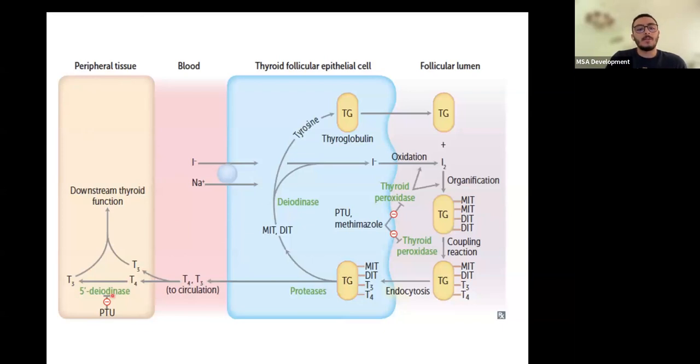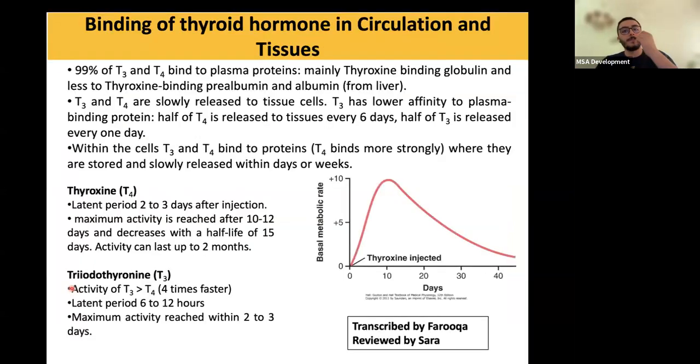As you can see here, iodinase changes T4 into T3, which is the more potent, or more active, version of thyroid hormone. This is just basically explaining what I said. You see here the activity of T3 is 4 times faster than the activity of T4. Okay, so it's more active.